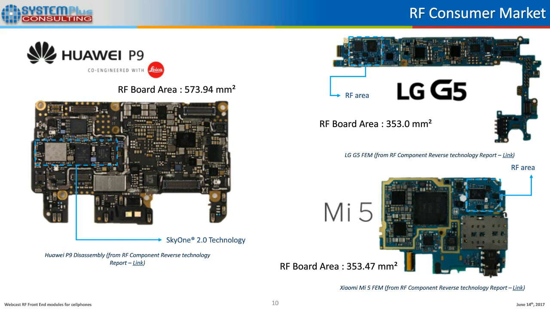For example, from the all-in-one Sky1 solution from Skyworks in the Huawei P9 and P10 to a single PAM and several discrete components for the Xiaomi Mi 5. And we have seen that for the LG G5 we found an average solution between all integrated and discrete implementation.